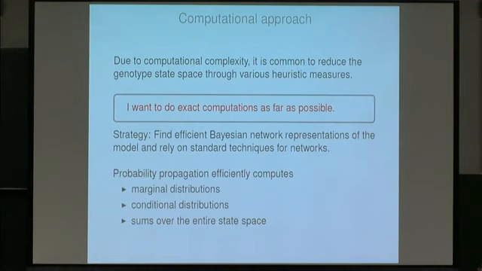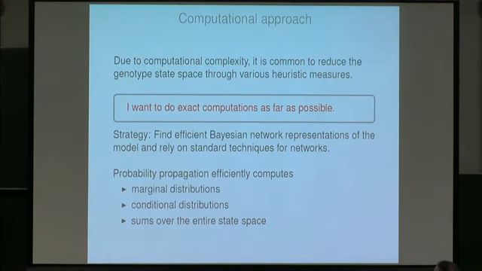So I worked for a very long time, very hard on this, and gained some progress, as Roberto was also talking about. My overall strategy has been to find some good way of representing the whole model as a Bayesian network, because that means I can throw a lot of well-known techniques for Bayesian networks at my model.